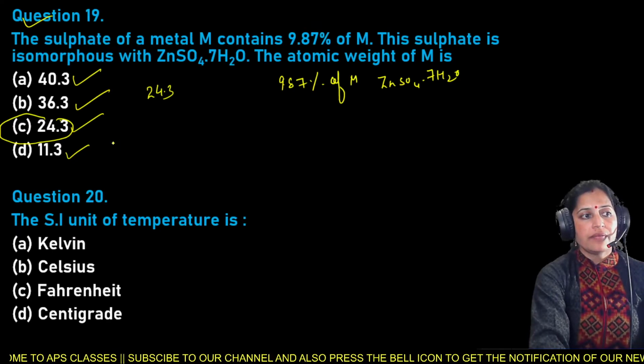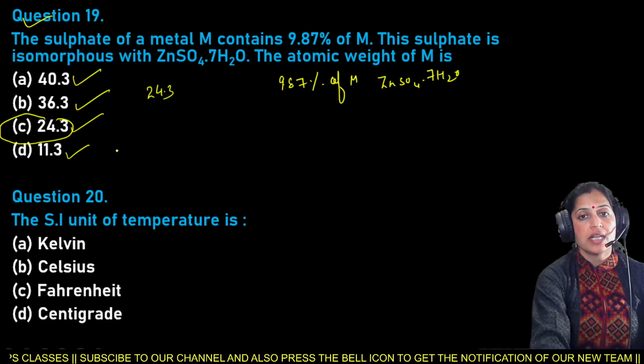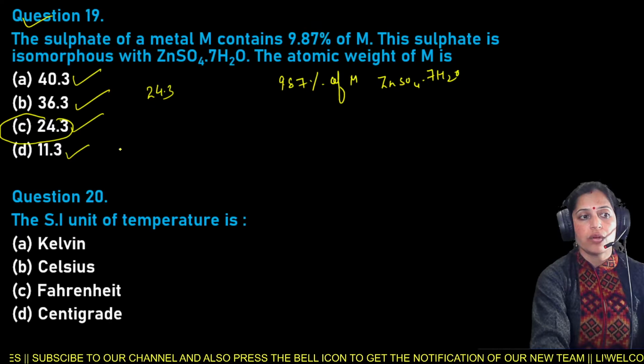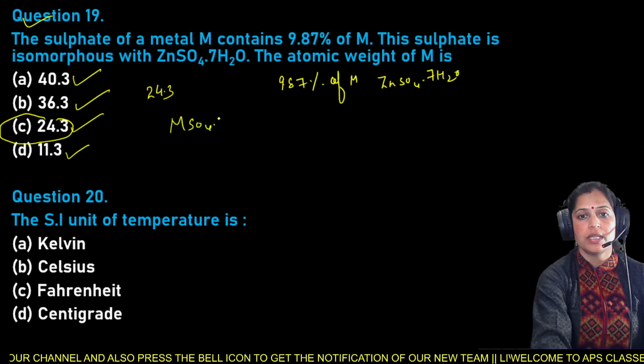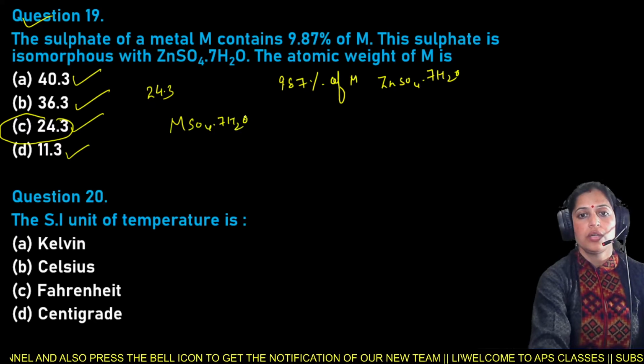As the given sulfate is isomorphous with ZnSO4 multiplied by 7 molecules of water, its formula would be MSO4 multiplied by 7H2O.